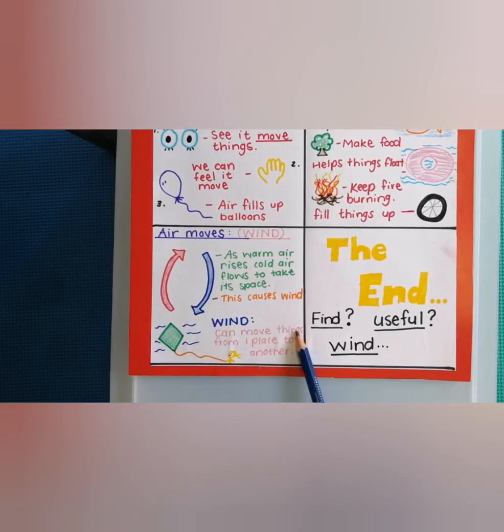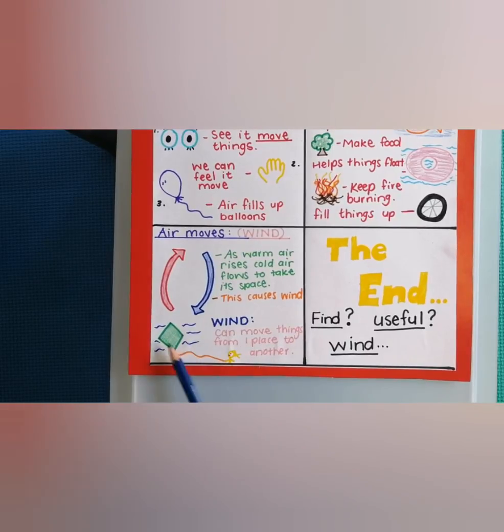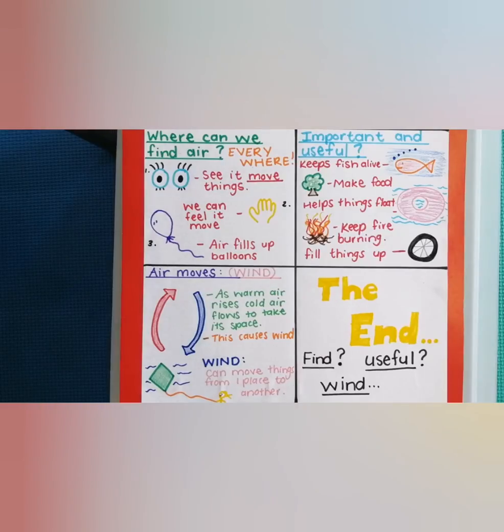Wind can move things from one place to another. As shown with this kite, it is moved up high into the sky, or in the sailboat, it makes the sailboat move from one place to another place. So these are all the important facts from our chapter 13, all about air.